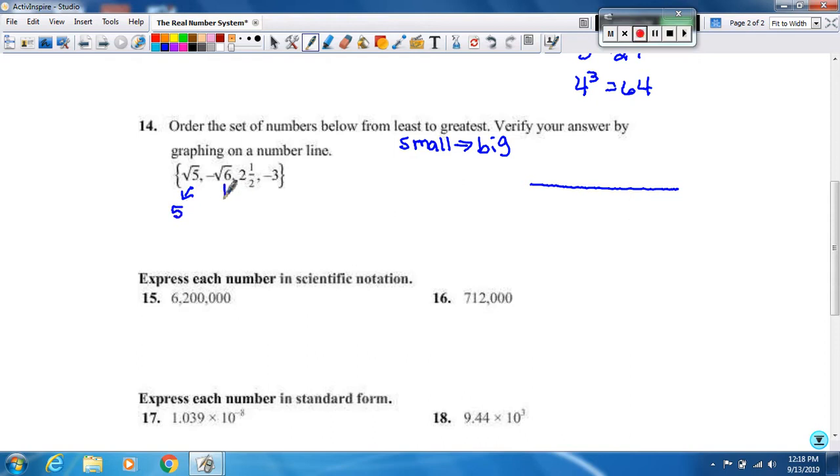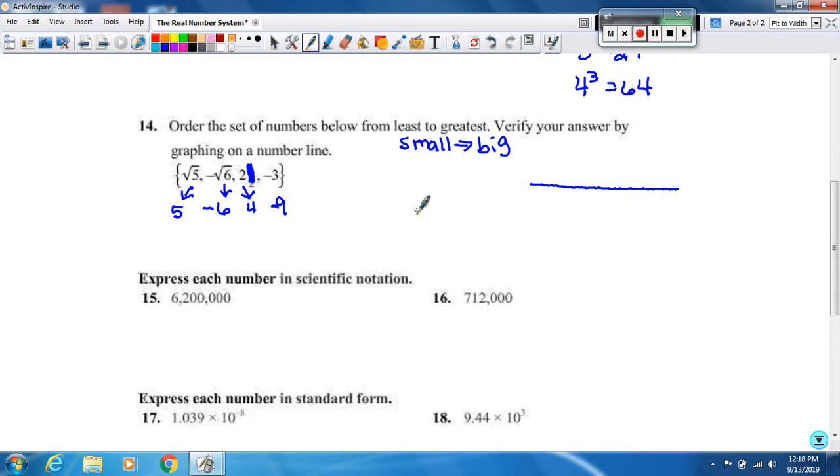And this one, it's got a negative in front, so you got to write it as a -6. Now this is not a radical, so what you do is just scratch out the fraction and figure out what 2 times 2 is. 2 times 2 is 4, and this one's going to be -3. That one's already done. Actually, no, it's not. You got to make it radical. So 3 times 3 is 9.